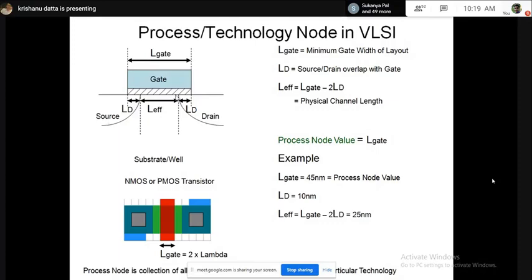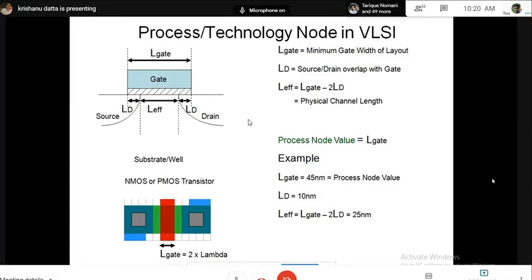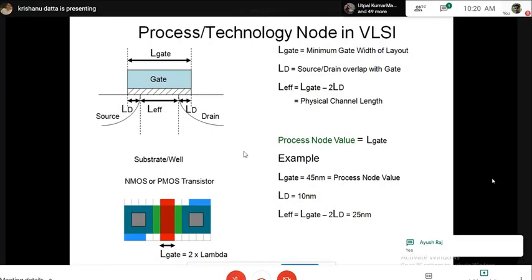That is the key thing on this page. Is this definition clear, right? Yes, sir. Any technology we define by L gate, the drawn or design channel length.